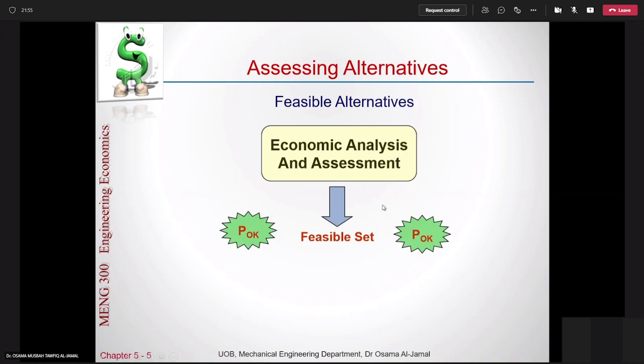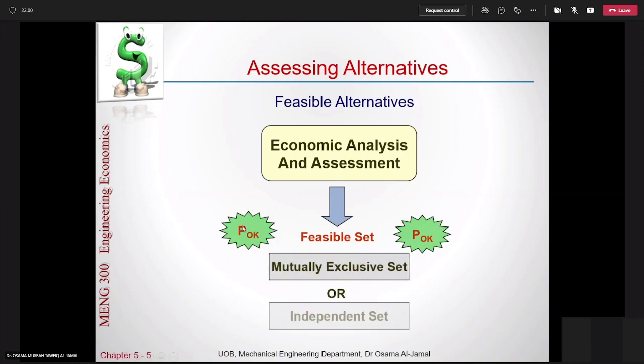Now, if they are mutually exclusive projects, we'll pick the highest economic number. For positive we go for the highest positive, and for negative we go with the less negative or the lowest one. Always go in that direction from zero.